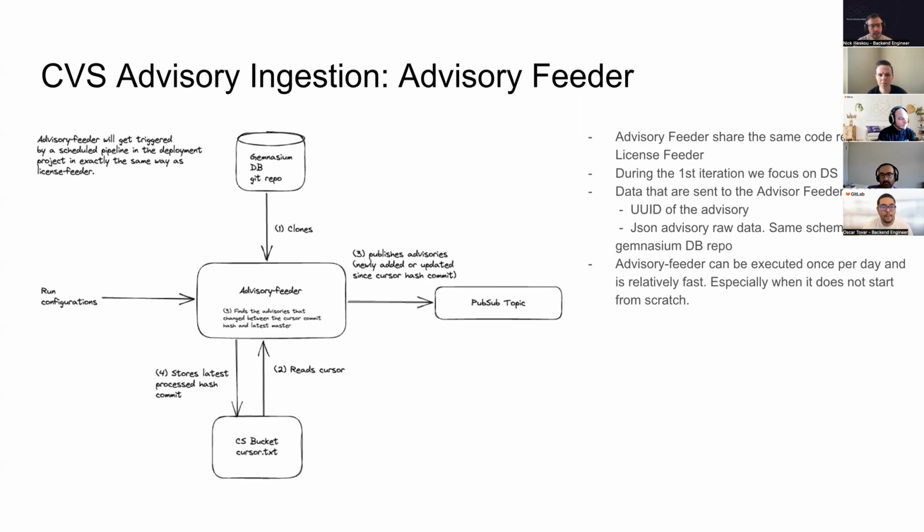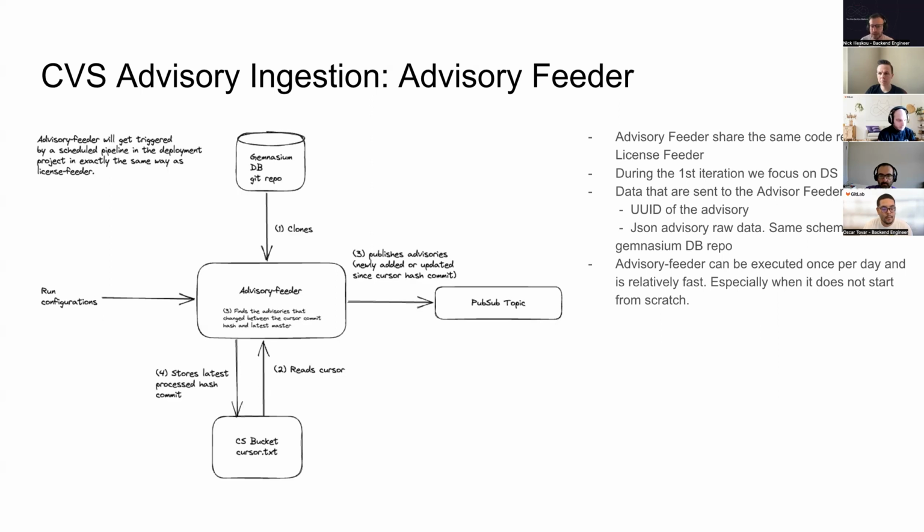And exactly like we do for Gymnasium, in the command folder we have two different mains, depending on whether we want Gymnasium Maven or Gymnasium Python or just Gymnasium. Exactly the same way we can differentiate between advisory feeder and license feeder. But this is very nice because we can actually reuse a lot of components from the license feeder project.